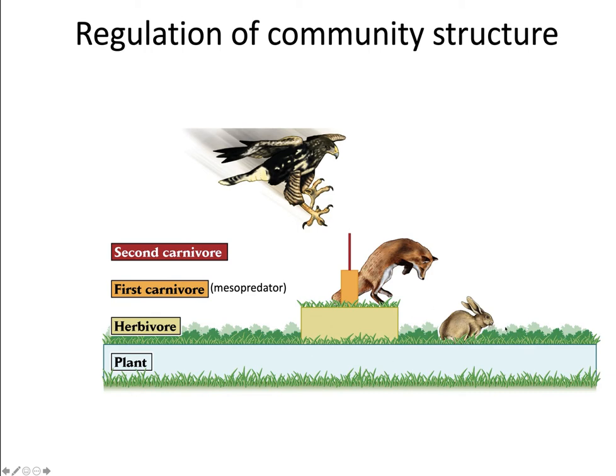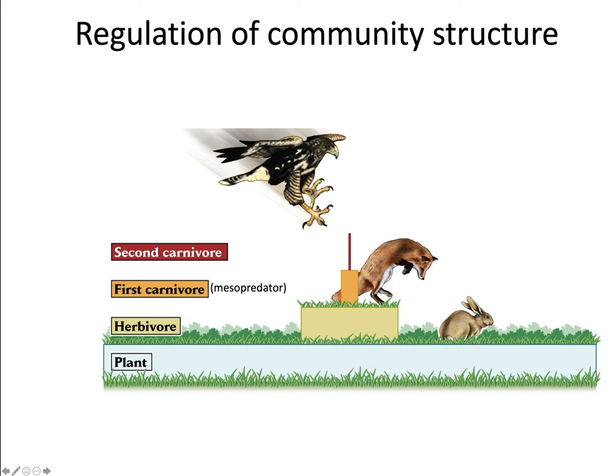Above that herbivore, there are first or primary level carnivores. These can also be called mesopredators that feed on those herbivores. And then in turn, there can be secondary and even tertiary level carnivores.